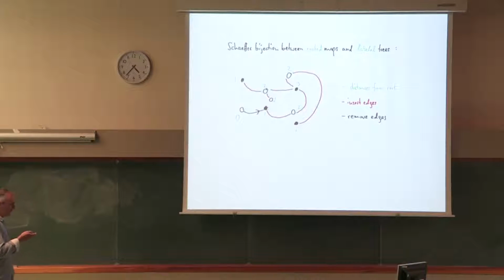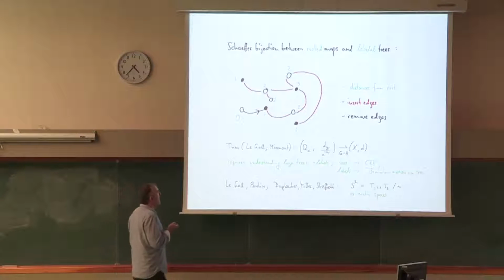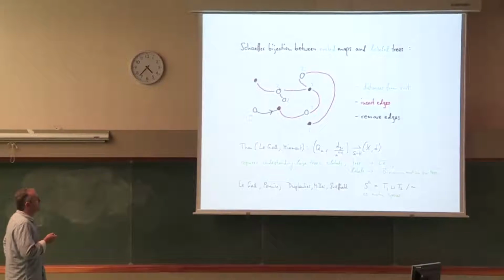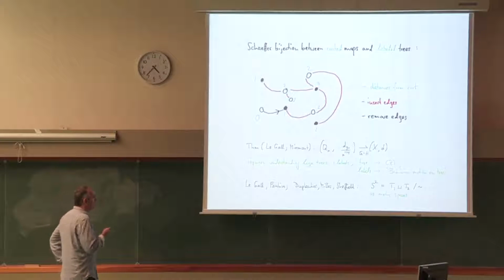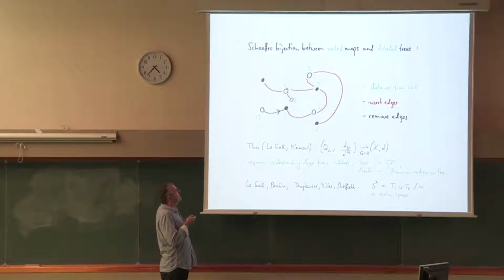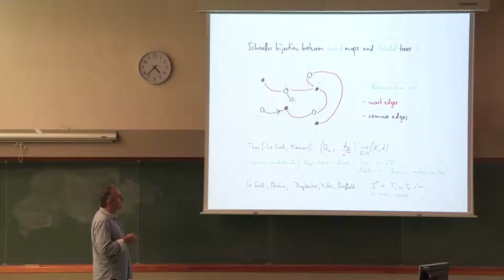So I just want to use this basically to explain why we care about trees and why we want to glue trees together. So there is this important Schaeffer bijection and this beautiful work of Jean-François Le Gall and independently Grégory Miermont, proving basically that the scaling limit of these quadrangulations with n faces, if we scale graph distance by n to the 1/4.